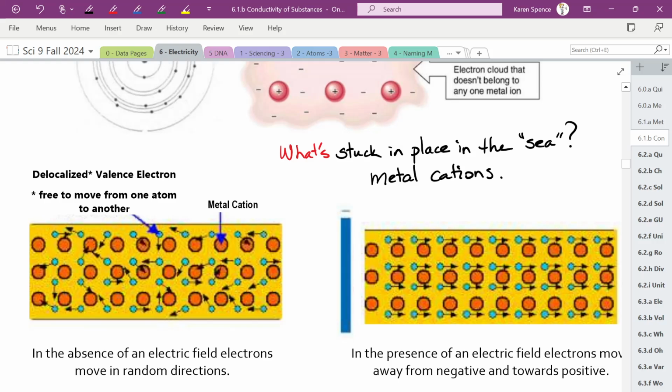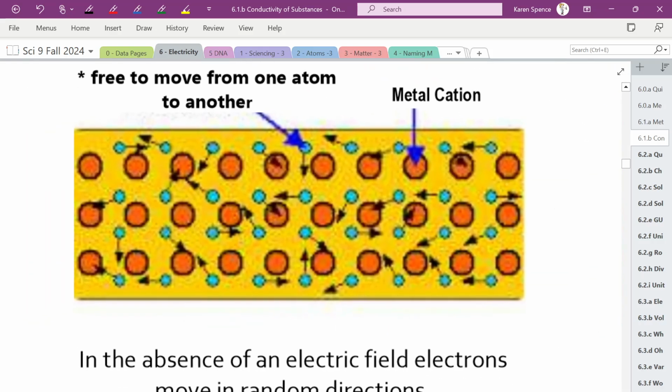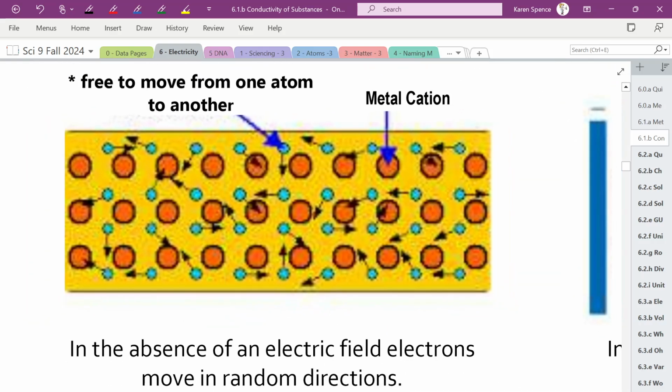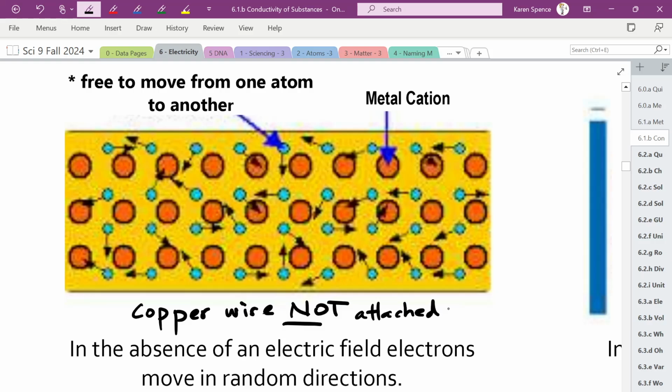Look at the direction that the arrows move when we don't have any electric field. So this is like a copper wire with no battery attached. Which way do the electrons move? Everywhere.